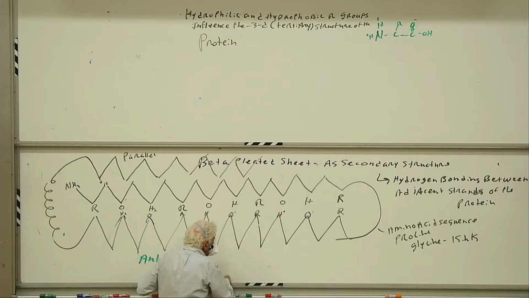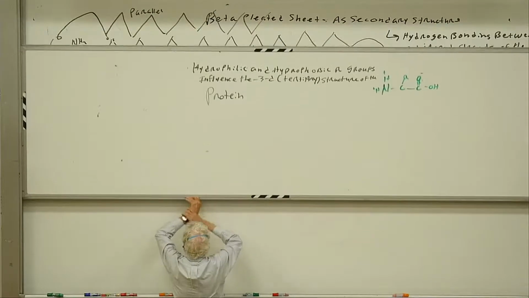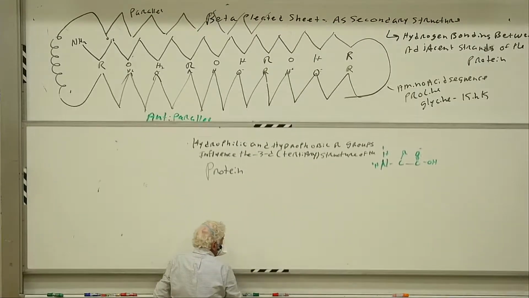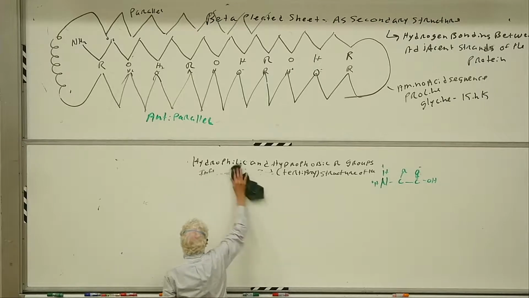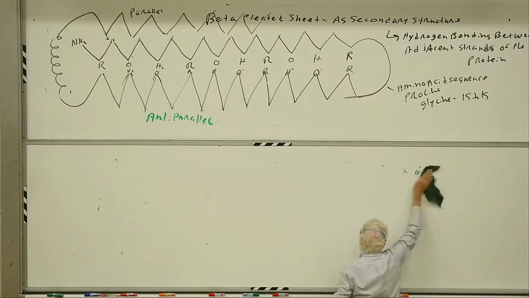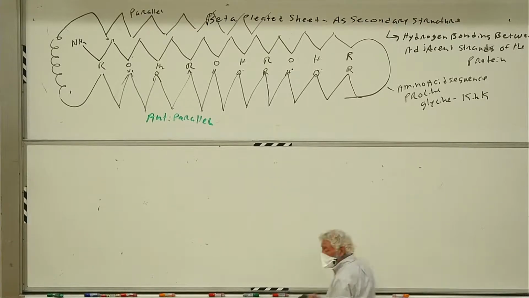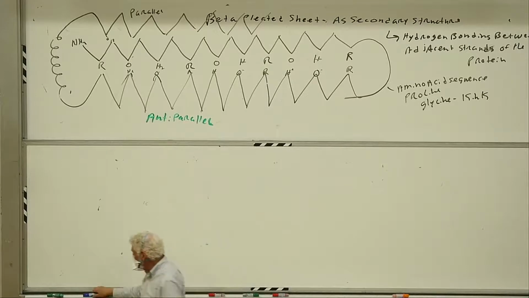Now I'm going to show this as a kind of ribbon. And this is a gross simplification, but I think it points out some important ideas. I'm going to show the protein as a ribbon, and I'm going to imagine on that ribbon that there are R groups. And so we can draw one of these in blue.